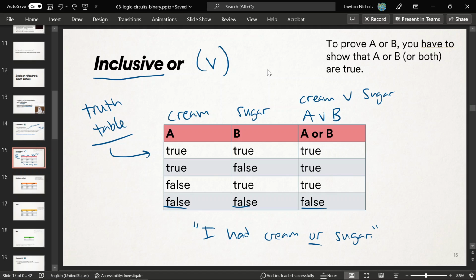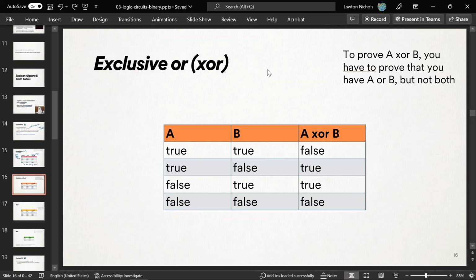The other kind of OR, we give a separate symbol so that it's non-ambiguous. This is called exclusive OR, or XOR for short. Its symbol is a plus sign with a circle through it. That's how you do it. Some people just abbreviate it to XOR by itself. So here is the exclusive OR operation.